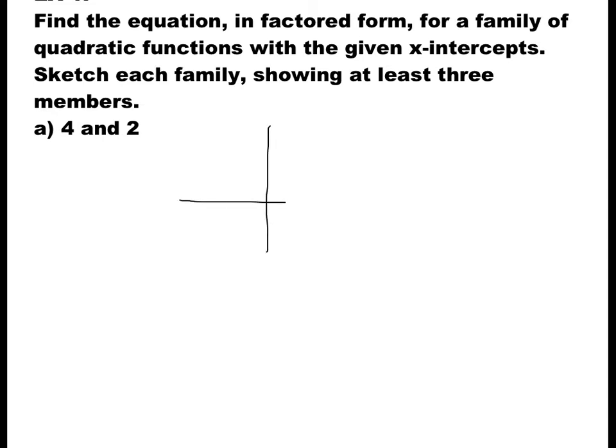If we roughly draw the points, let's say this is 2 and this is 4, then our parabola, depending on the sign of the leading coefficient, must go through these 2 points.